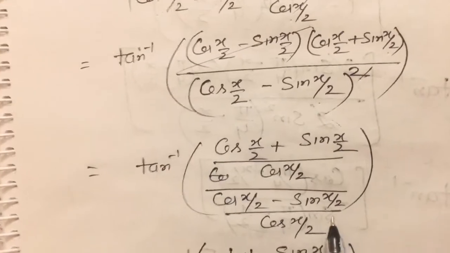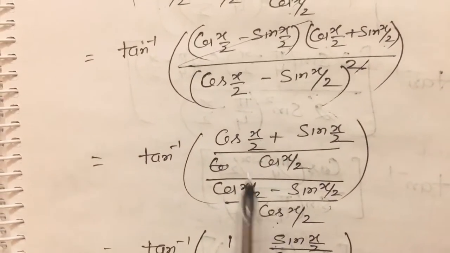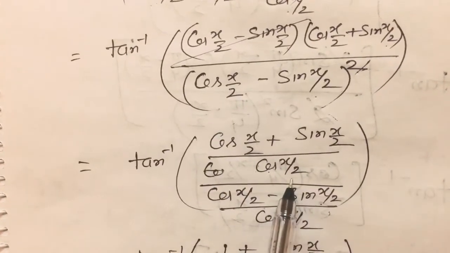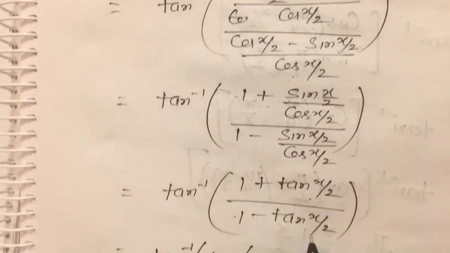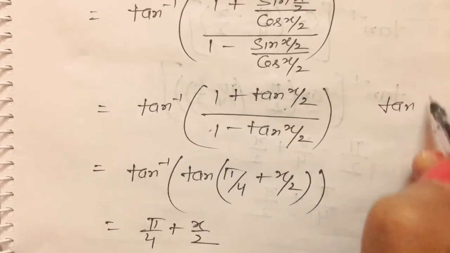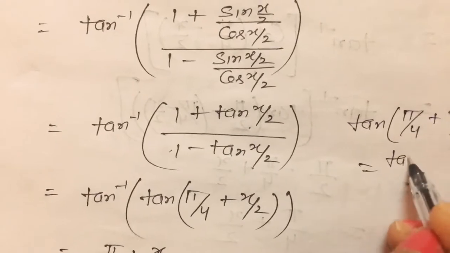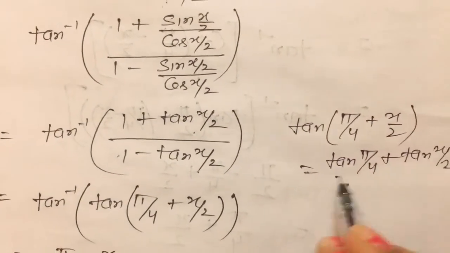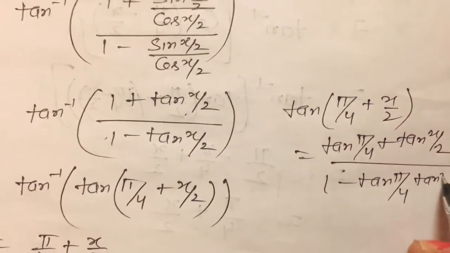After this, we will divide numerator and denominator by cos x by 2. Then cos x by 2 upon cos x by 2 is 1, sin x by 2 upon cos x by 2 is tangent x by 2, and the same in the denominator, 1 minus tangent x by 2. And we know this formula: tangent of pi by 4 plus x by 2 is tangent pi by 4 plus tangent x by 2 upon 1 minus tangent pi by 4 into tangent x by 2.